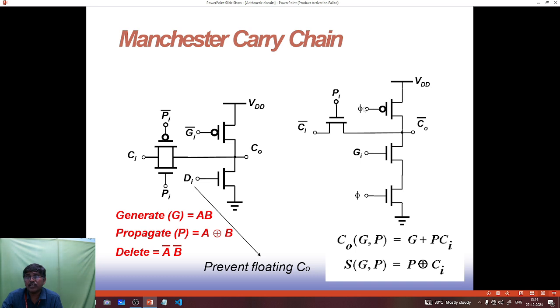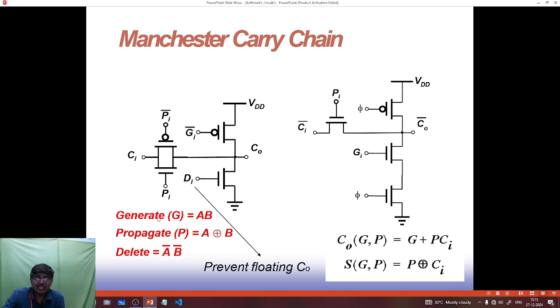Here 0 means this VDD will be connected. So Pi is equal to 1 means this will be connected, and Gi is equal to 1 means it will be active. Whatever input is at the ground, that means 0, will be connected to the C naught. Otherwise Ci bar will be transferred to the C naught. So this is about the Manchester carry chain.